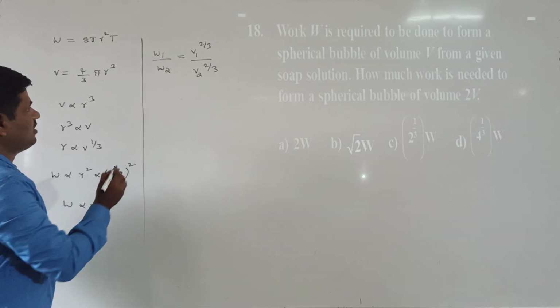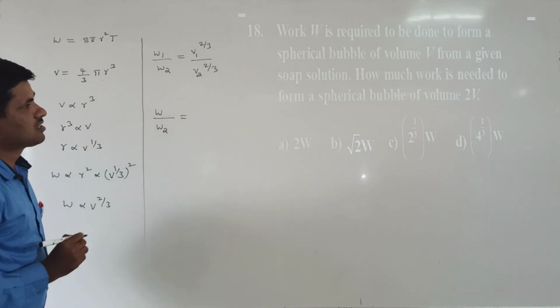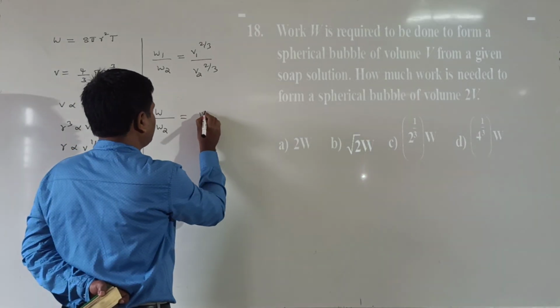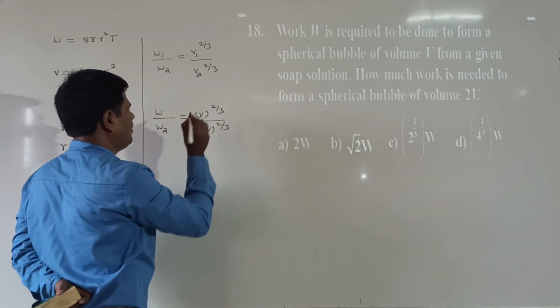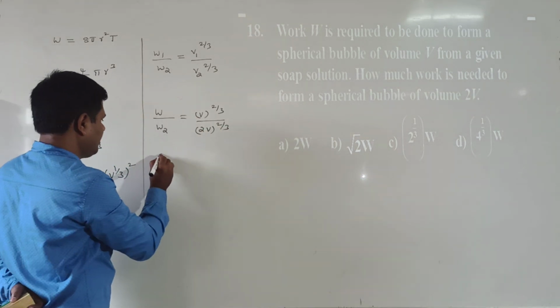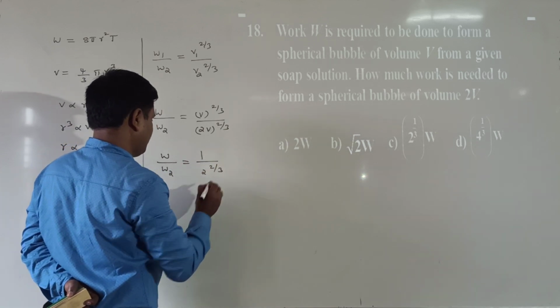For the starting volume the work done is W. So W by W2 is equal to V to the power of 2 by 3 by 2V whole power of 2 by 3. V cancels, so W by W2 is equal to 1 by 2 whole power of 2 by 3.